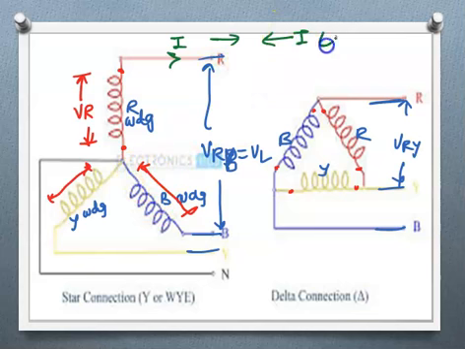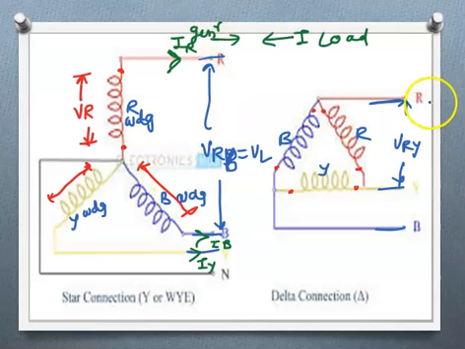This is for load and this is for generator. So suppose these are the windings of a generator, then these currents are called line currents. So this is IR, this is IB, and this is IY. These are called line currents.